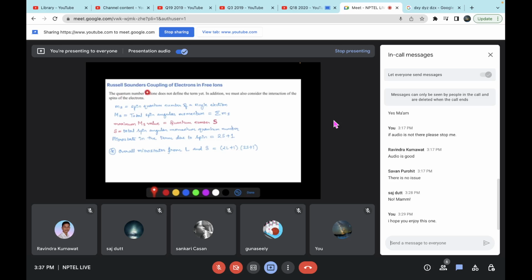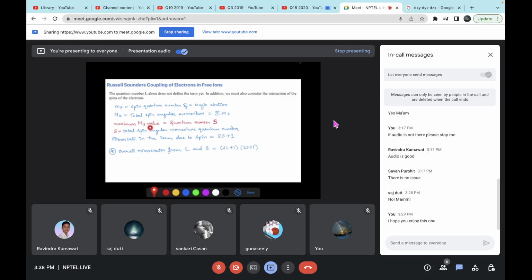The quantum number capital L that we have seen alone does not define the term. So in addition, we must also consider the interaction of the spin of the electrons. For that, ms is the spin quantum number of a single electron, and capital MS is the total spin angular momentum. It can be calculated as the summation of the spin quantum numbers of each electron.